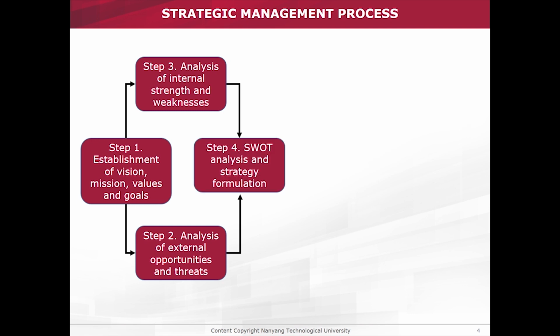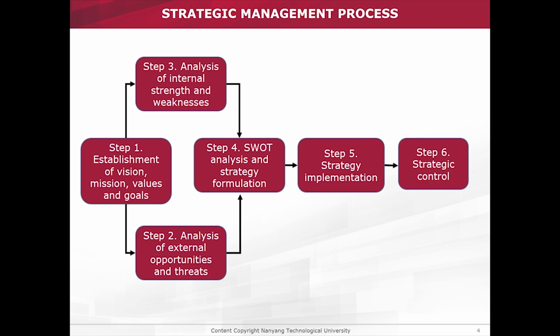Fourth, these analyses are combined in what is known as SWOT analysis, comparing strengths, weaknesses, opportunities, and threats, and strategy formulation. The strategy is then implemented. Finally, strategic controls are put in place.